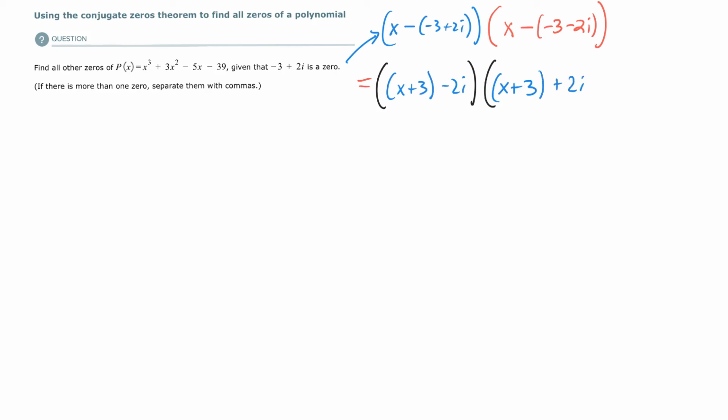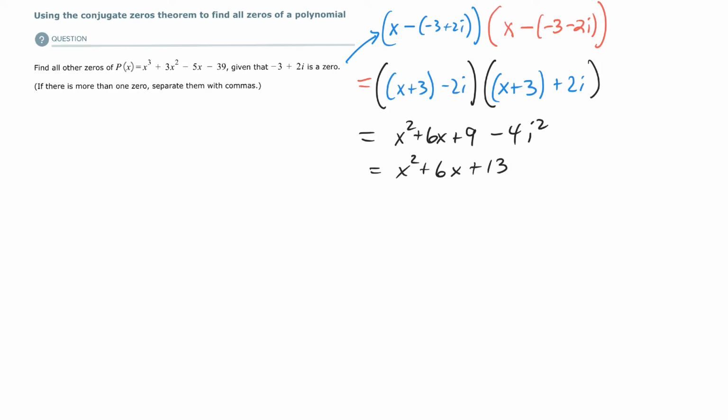So now we have a difference of 2 squares. And this is going to get you a very, very nice quadratic expression. In fact, it will get you x squared plus 6x plus 9 minus 4i squared. So if you do minus 4i squared, that really just means add 4. So if you add 4 to that, we get 13.